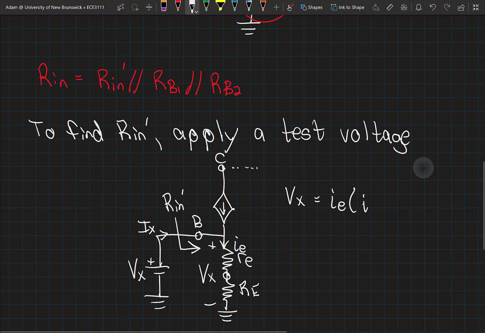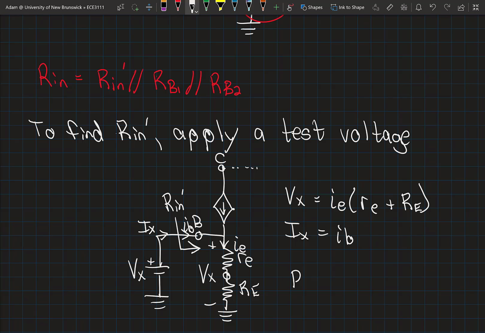So the emitter current times r e plus big RE will give us that voltage drop Vx. The current Ix is going to be the same as our base current.